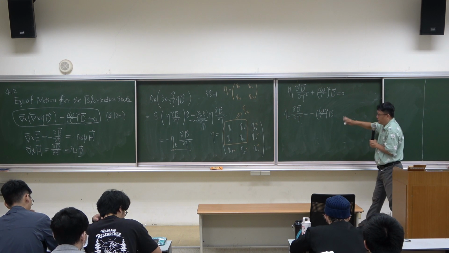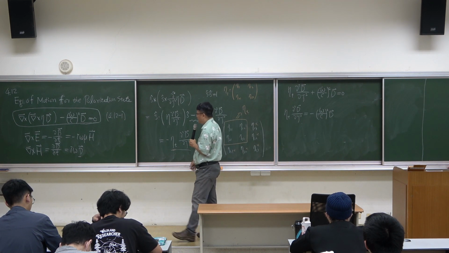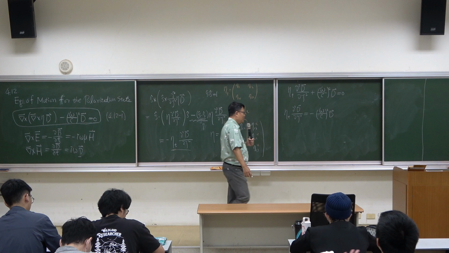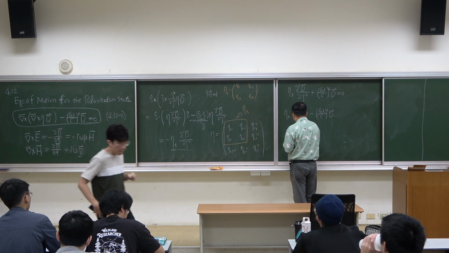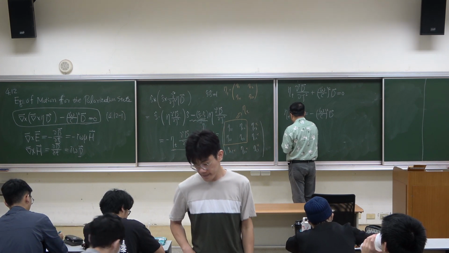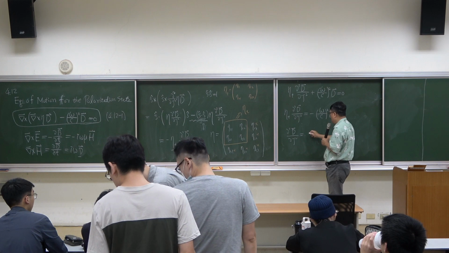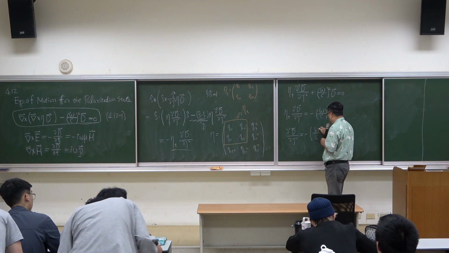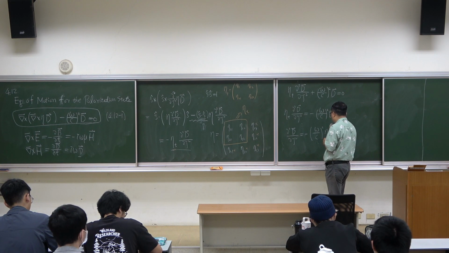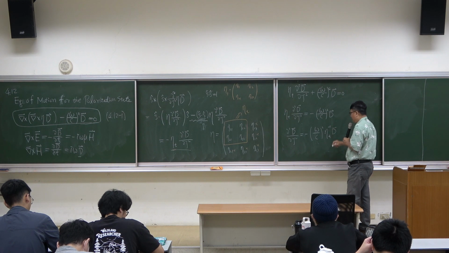So how to solve this equation? Okay, you can try this strategy. I multiply the inverse of eta t, so we have this inverse times d.